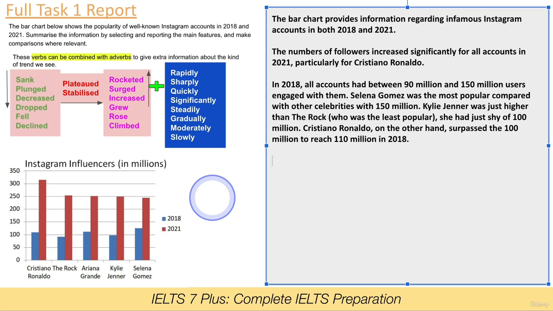Okay, let's read this back and see how we feel. In 2018, all accounts had been between 90 million and 100 million, 50 million users engaged with them. Selena Gomez was the most popular compared with other celebrities with 150 million.